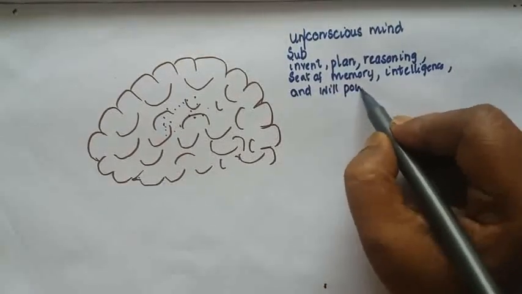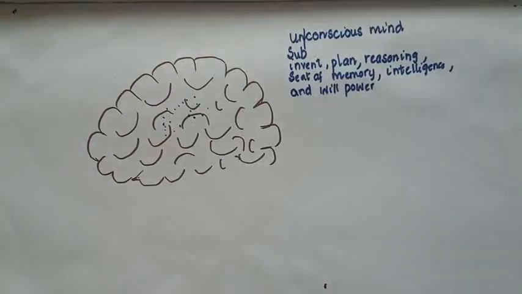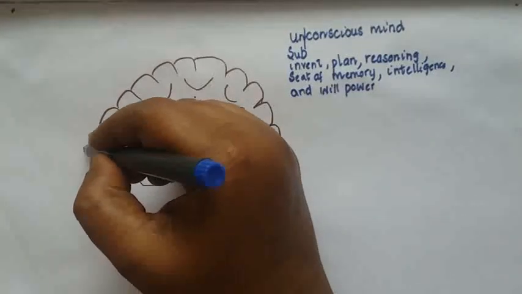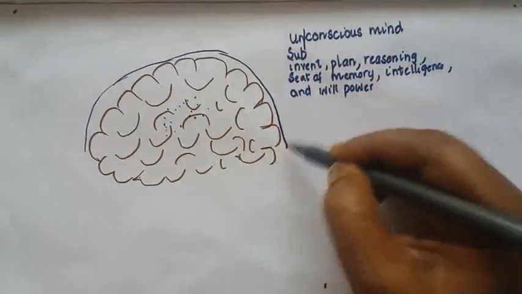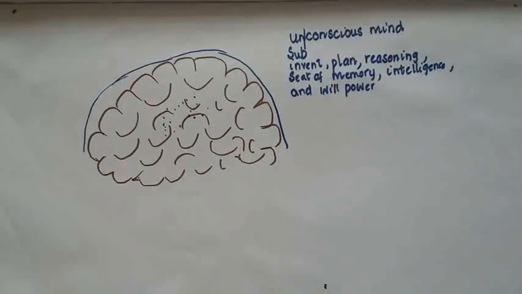There is no need to explain all the functions. So in general, you can only say it is the seat of memory, intelligence and willpower. We find the cerebrum just below the cranium. So under the cranium we find this cerebrum.